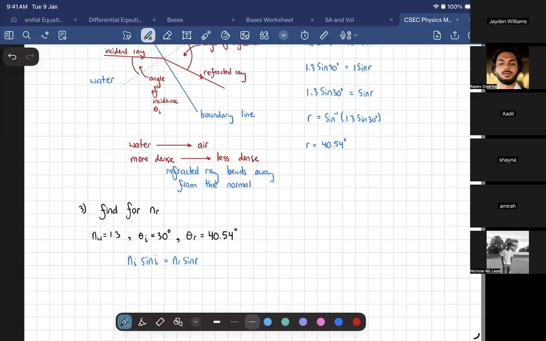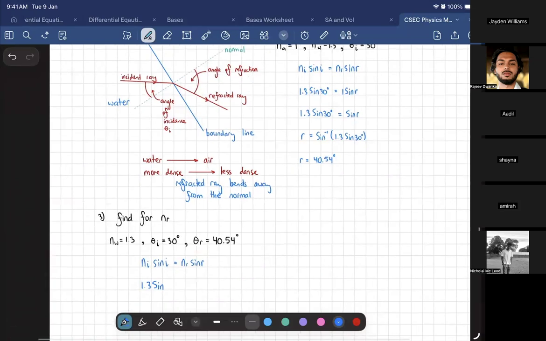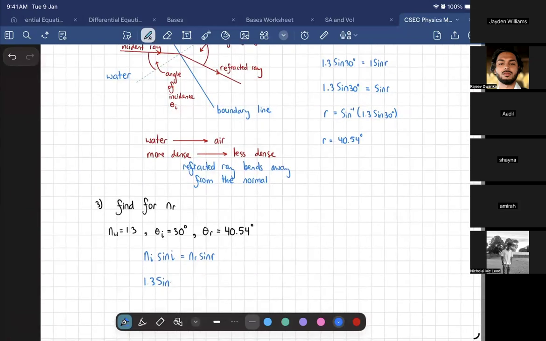Okay, what next? So we're going to use 1.3. Then I'm going to write sine I. Do I know what I is? Yeah, what's I? 30. Right? I is 30 degrees. That's an angle. Right. Do I know what Nr is?